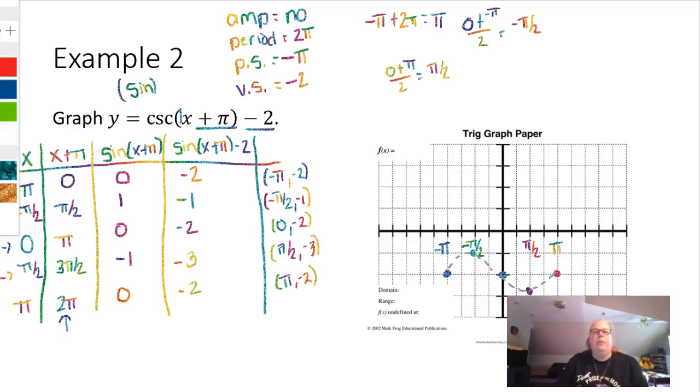And it was 0 at negative pi, which means that we need an asymptote right here. The sine was 0 at positive pi here, which we got from 0. So that means right here on the x-axis, we're going to need another asymptote right here.